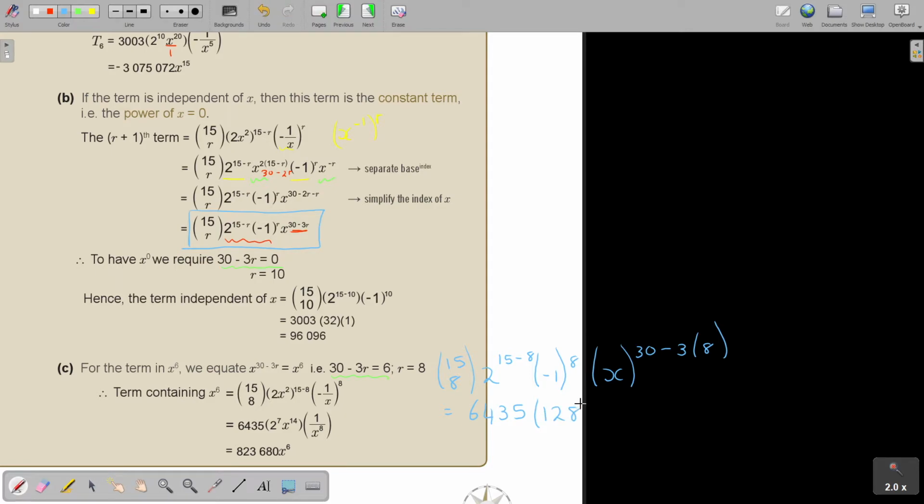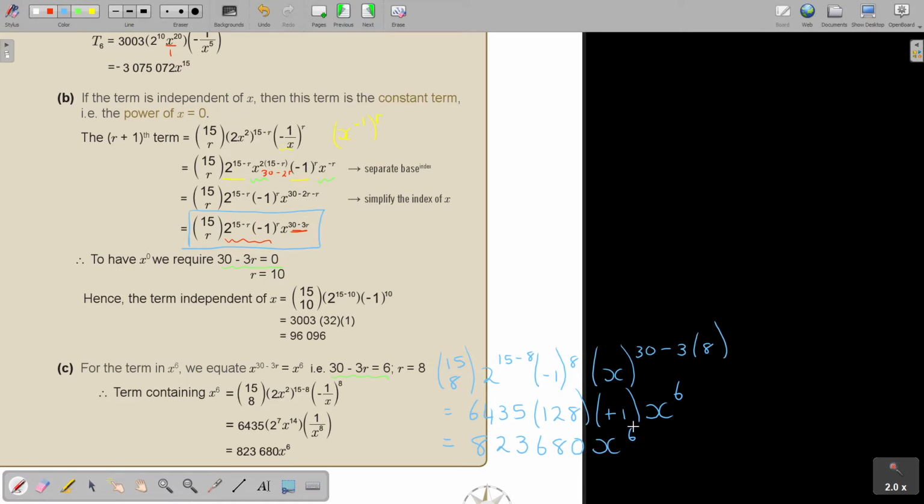And then this is negative, so it's just becoming positive because it's an even number. And then x, and this is 30 minus 3 times 8, 24, so this is 6. And if I simplify this, then I will just get 6435 times 128 times 1, and that will give me exactly 823680 x to the power 6.